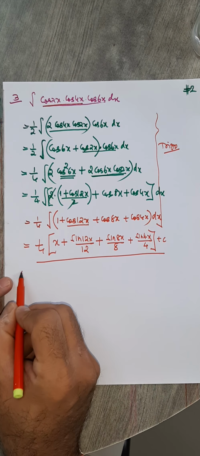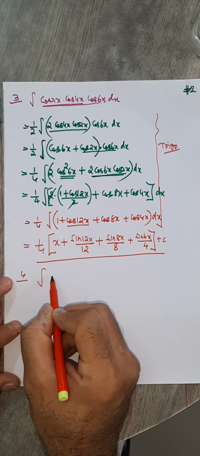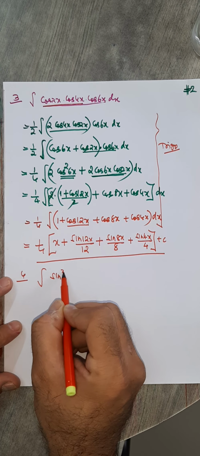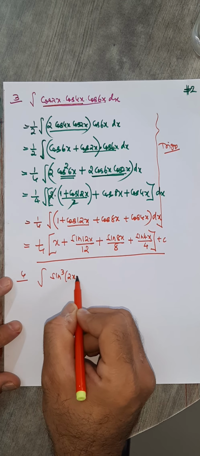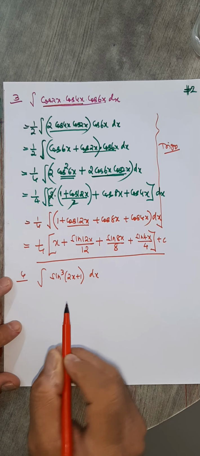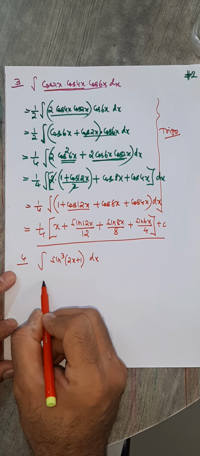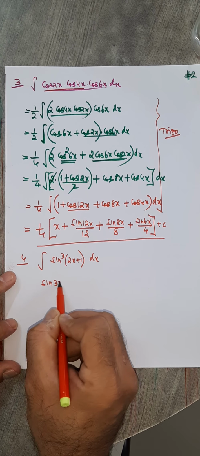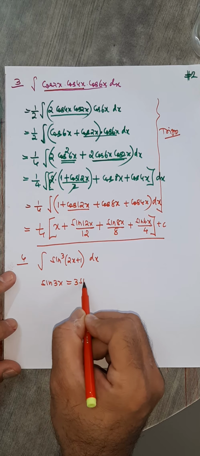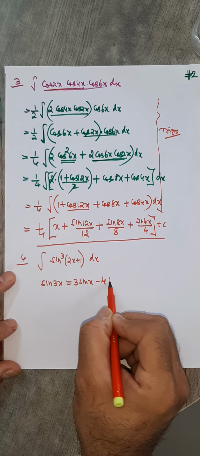Fourth question, question number 4 here. Integral of sine cube (2x plus 1). Now you just recall, sine 3x equals 3 sine x minus 4 sine cube x.